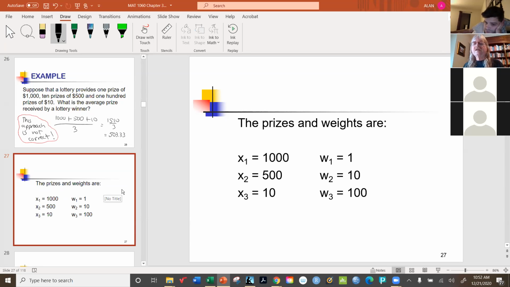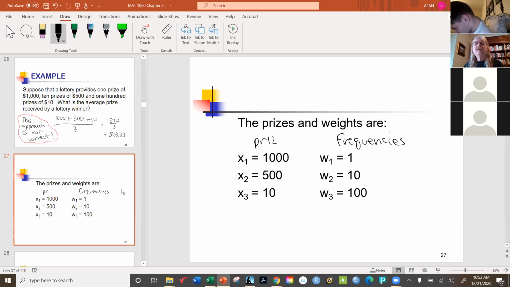Now there are two different ways we could do this. The weights could be the actual number of times this number appears in your data set. These are called frequencies. You could also use proportions where these would all be fractions, but let's just stick with this approach for now. These are prizes and these are frequencies.